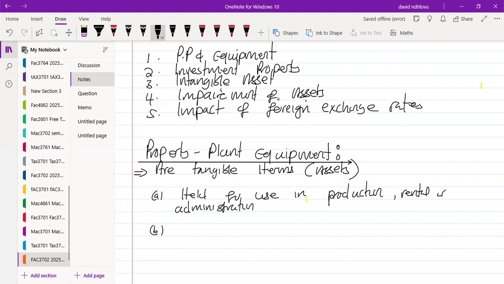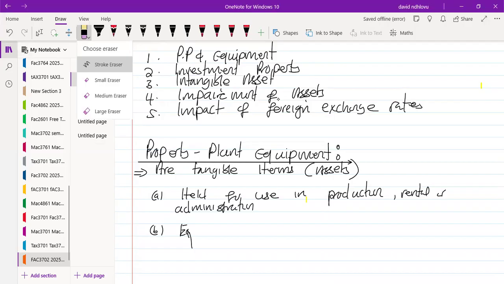These items are expected to be used for more than 1 year.